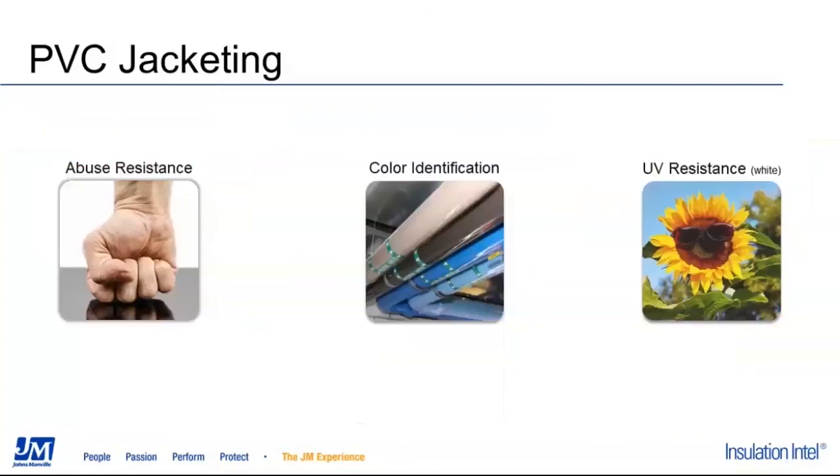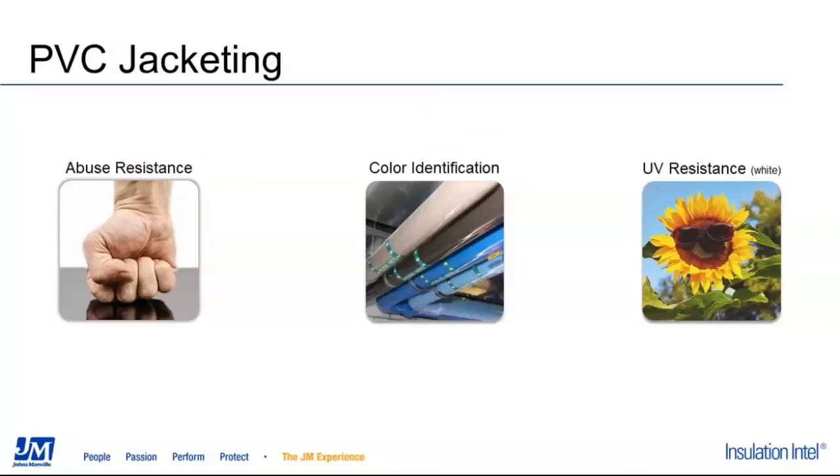So why do we need to be considering jacketing? Well, because PVC jacketing can provide us with additional mechanical protection for the system. So where you would expect abuse or high traffic areas, then that could be a great choice to protect an underlying insulation. As mentioned, we do not recommend painting any of our insulation.